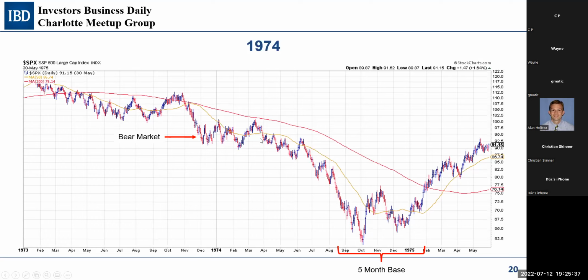It could grind along as the Fed just has to deal with inflation. And we haven't seen that capitulation action yet. We understand there's bearish sentiment, but that can go on for a while. And we have another pretty good chart to show the last time bearish sentiment really persisted.